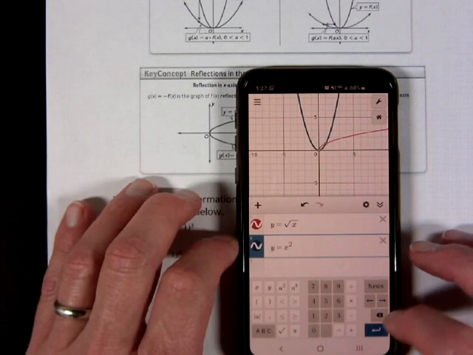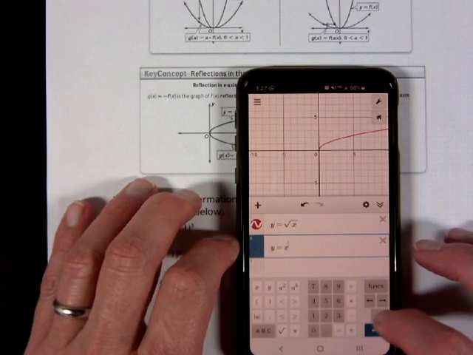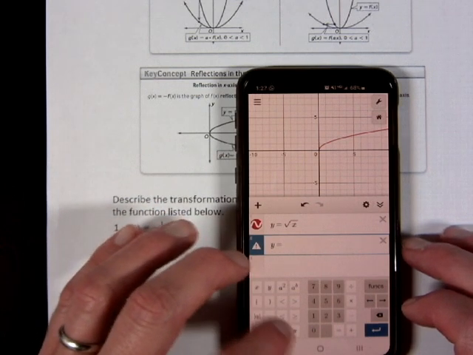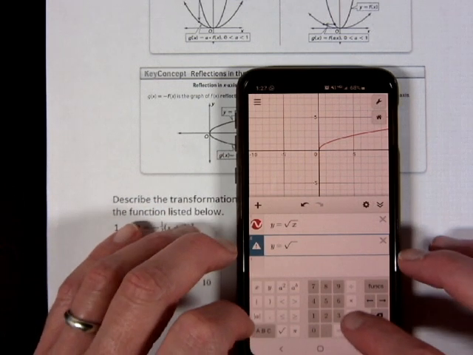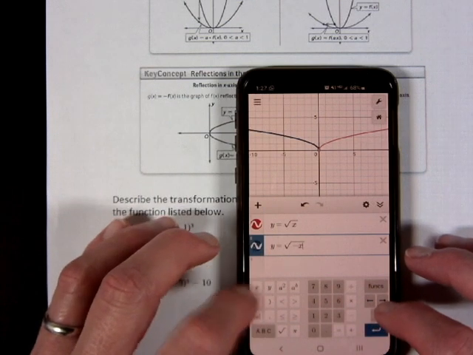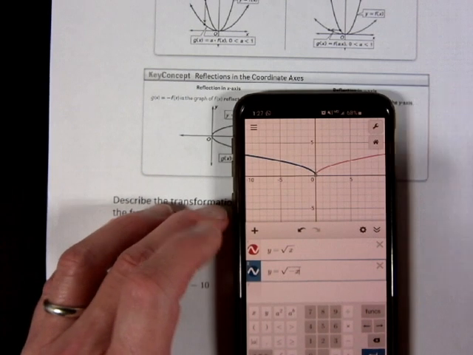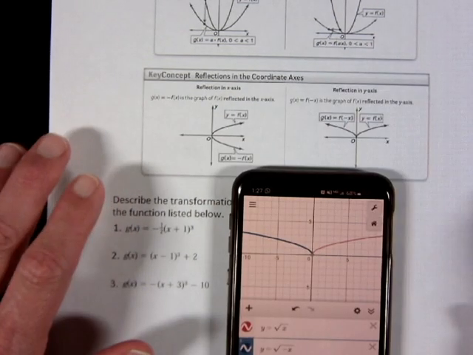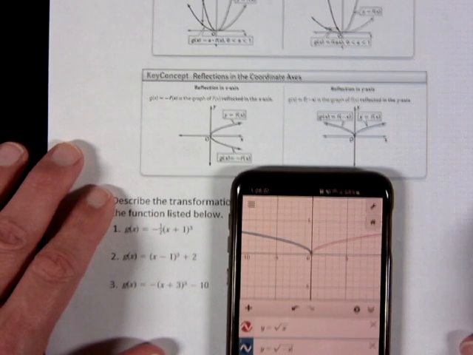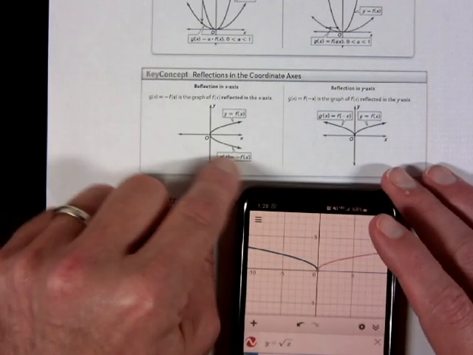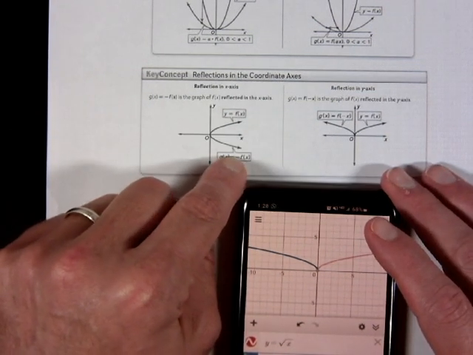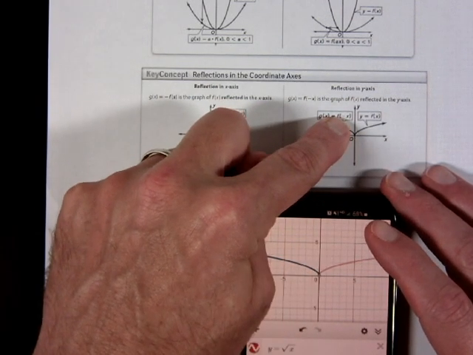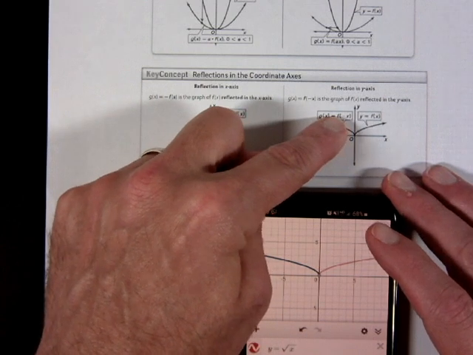So I'm going to go square root of negative x. Notice what happened is when we do that, it has reflected through the y-axis. Again, making the entire function negative will flip it through the x-axis, and just making the value of the variable negative will flip it through the y-axis.